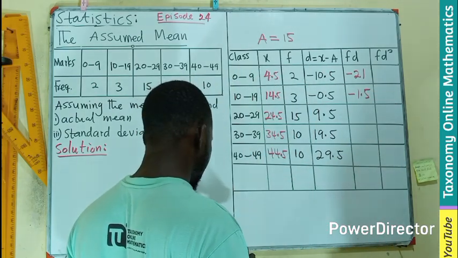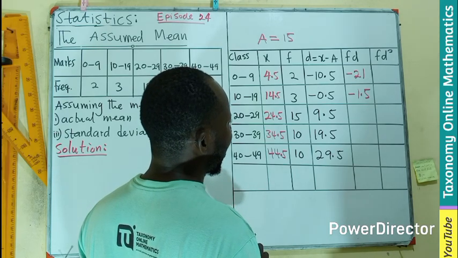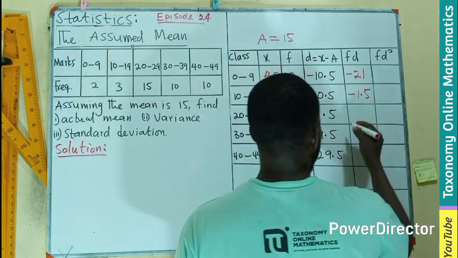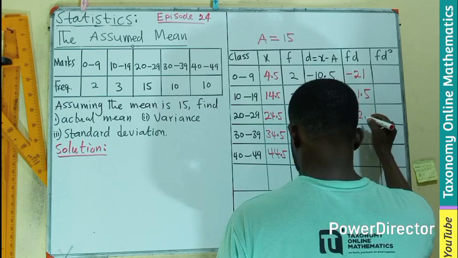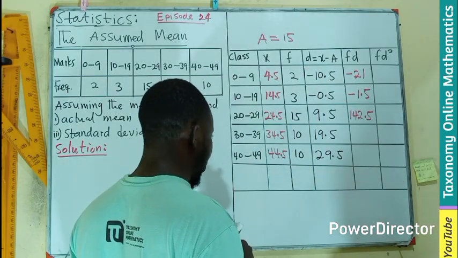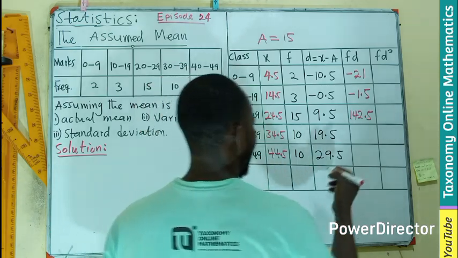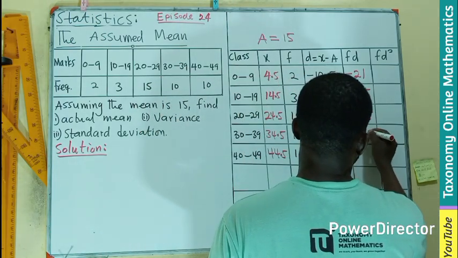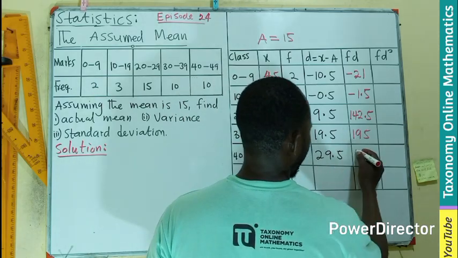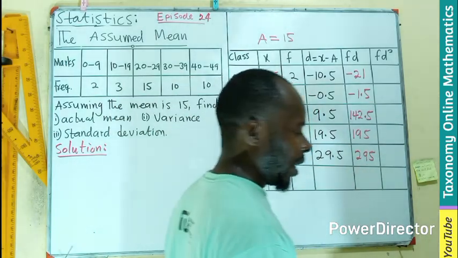About 15 times, that'll be 9.5. So we have 142.5, 19.5 times 10. That will be 195. I think this will be 295 if you multiply that in there.